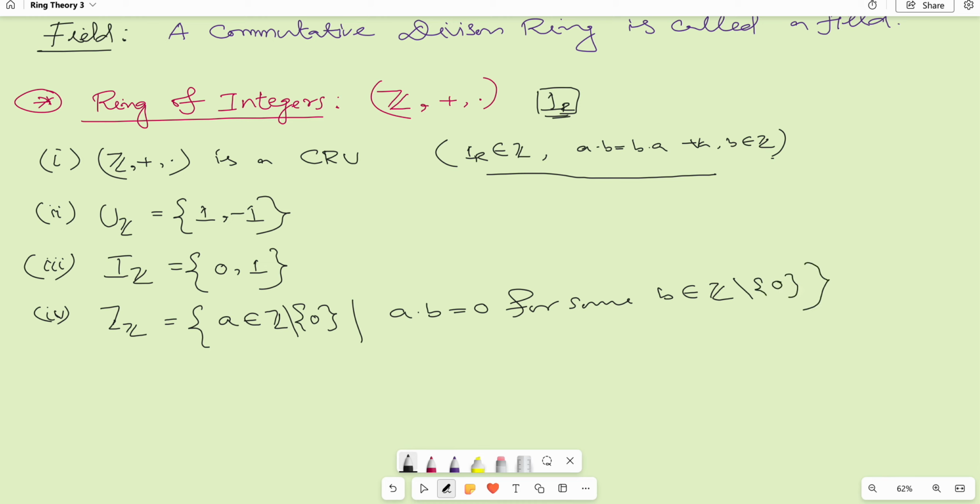So you should have two non-zero elements, and when you multiply them it is 0.